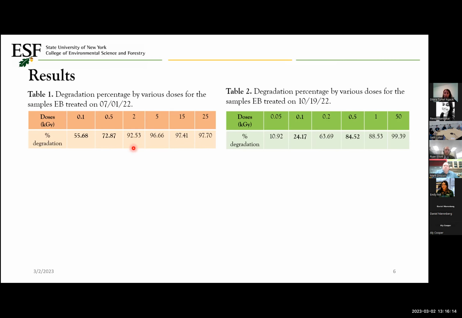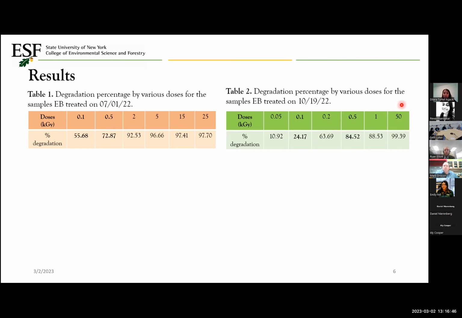irradiation dose. So after getting these results, we also collected another batch of wastewater samples in October and wanted to check the degradation percentage for interval doses, such as 0.05, 0.2, and 1 kilogray, by keeping 2 doses as controls from the previous batch, which were 0.1 and 0.5.